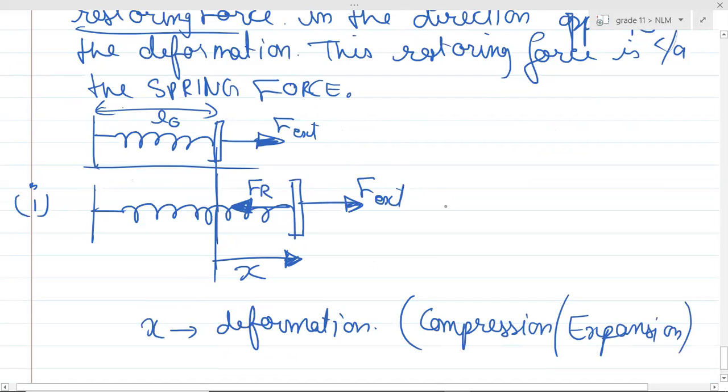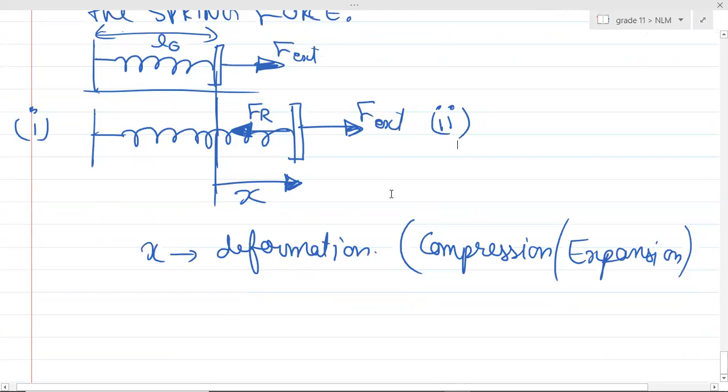First case is this. The second case is, wait, let me write it properly.